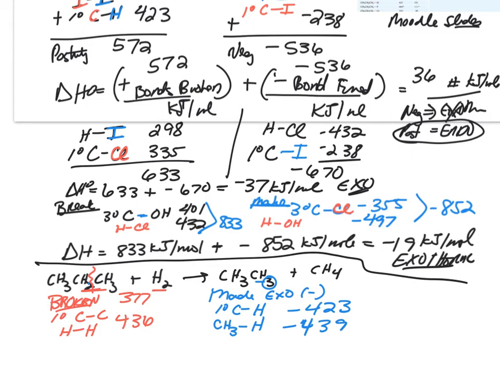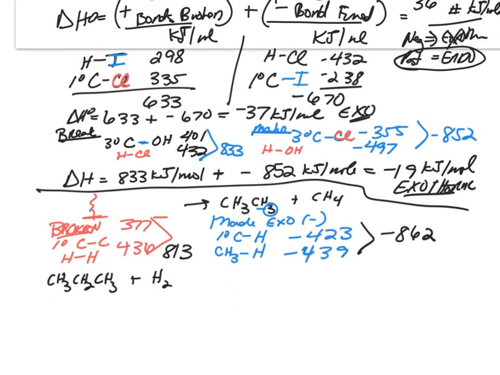So we add these up, 377 plus 436. This gives us a positive 813 kilojoules per mole. And then the exo, negative 423 plus negative 439 gives us a negative 862.